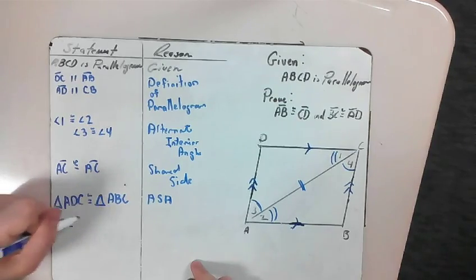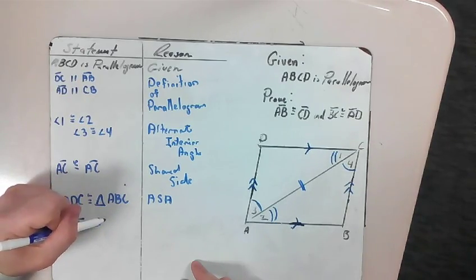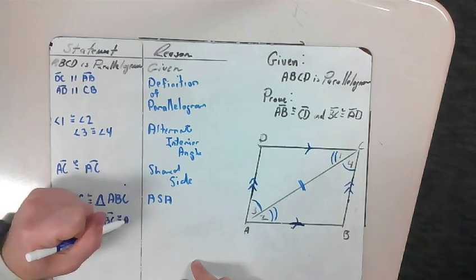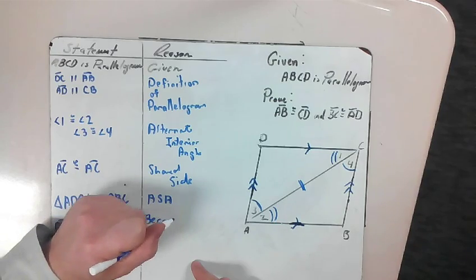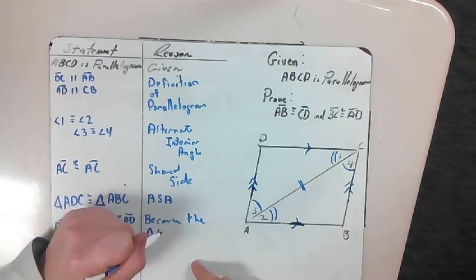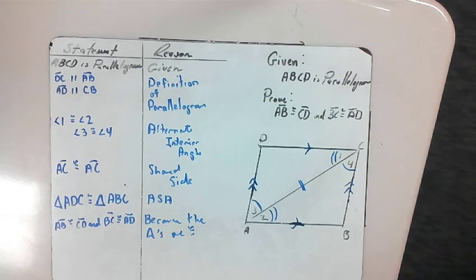We're proving a property of a parallelogram here by saying that this is true because the triangles are congruent.